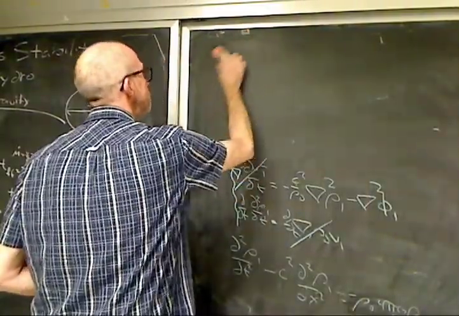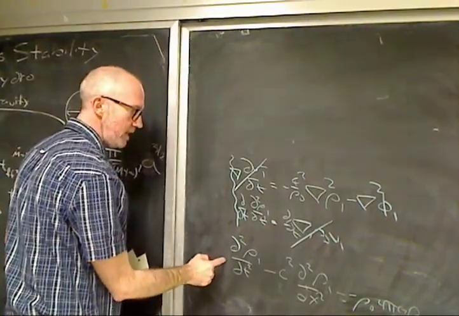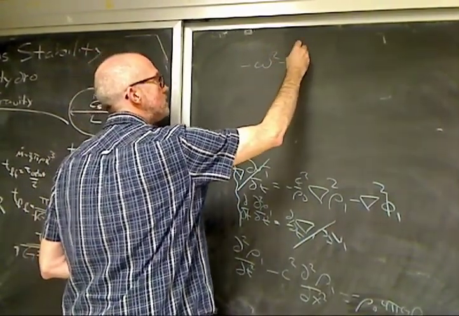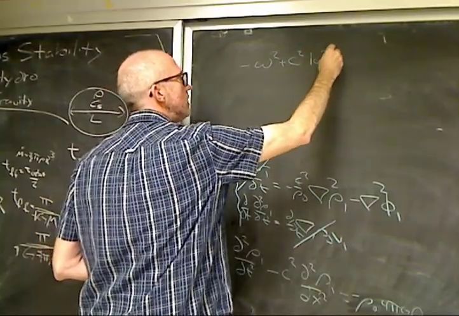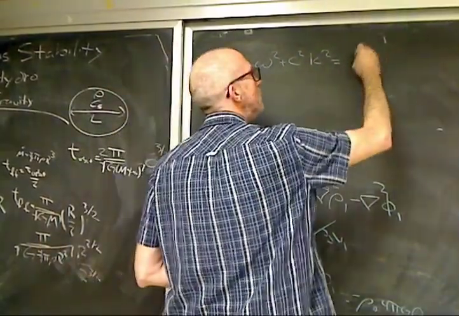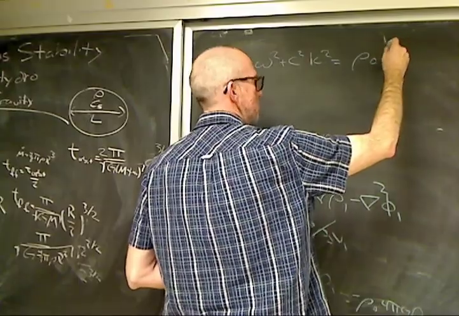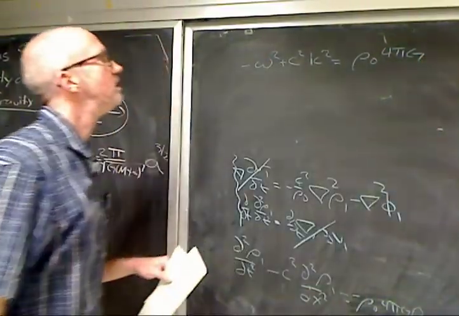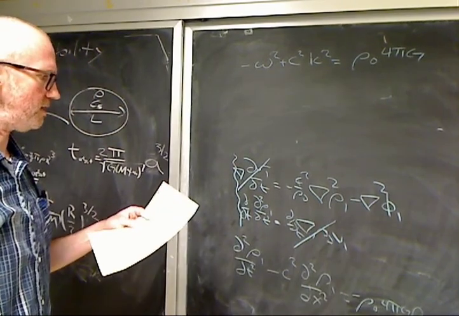And stop me if this isn't obvious that I'm writing this down. This turns into minus omega squared plus c squared k squared equals rho naught 4 pi g. I think that's all I need, right?